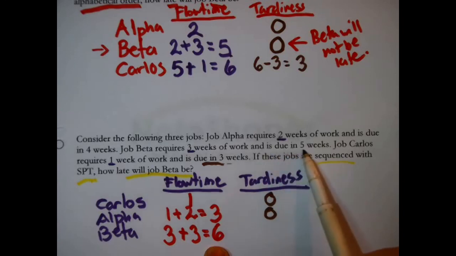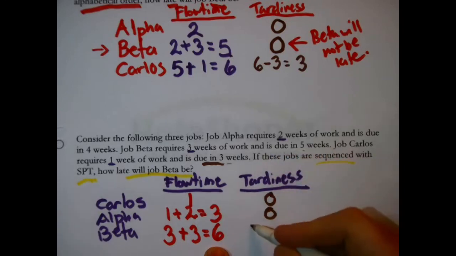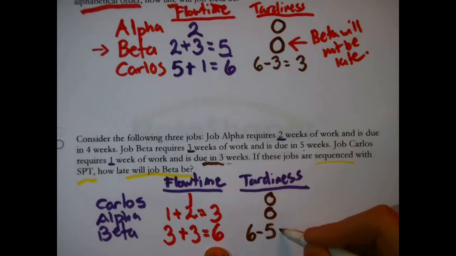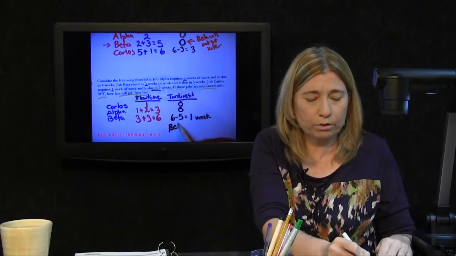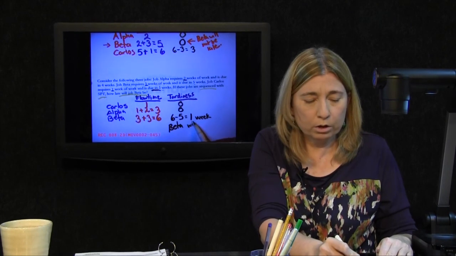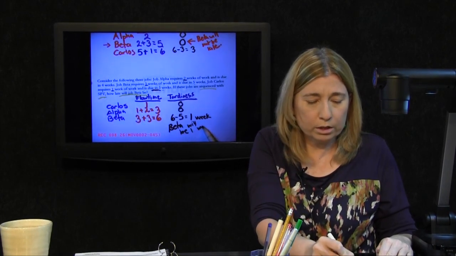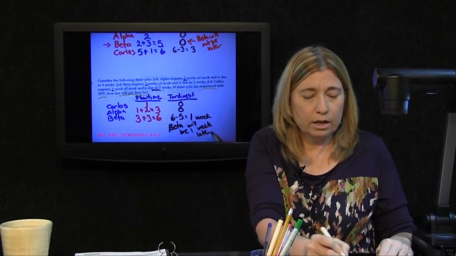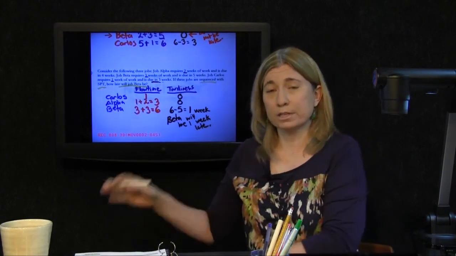Beta is due in 5 weeks. 6, when we will actually get done, minus 5, what we promised, reveals a tardiness of 1 week. So to answer the question, and that's really all that we needed, beta will be 1 week late if you follow the shortest processing time sequence.